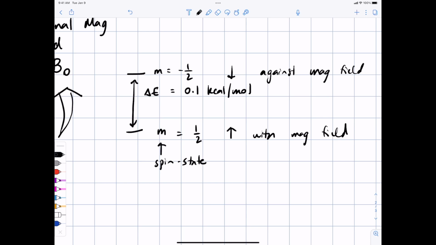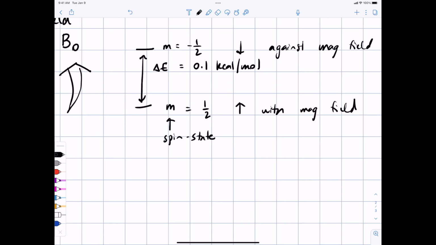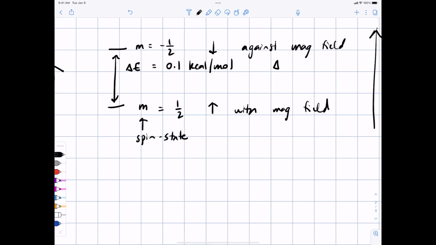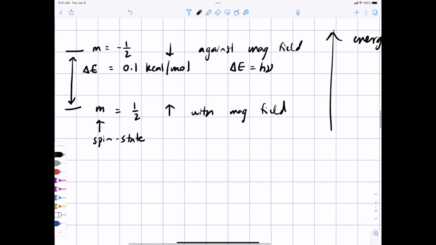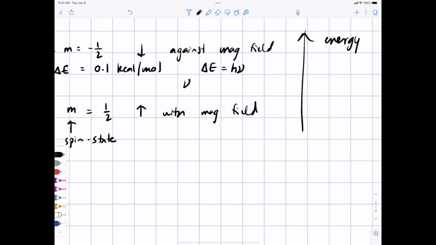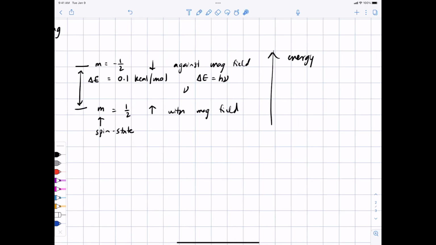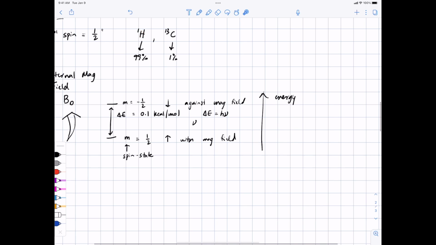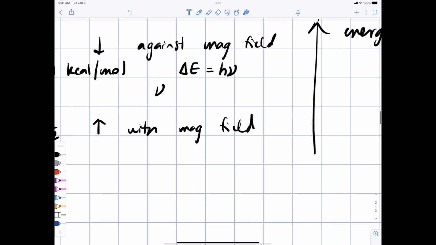If you want to calculate delta E equals Planck's constant times frequency, the frequency that would allow a proton nucleus to transition from aligned with the magnetic field to aligned against the magnetic field is in the 300 to 900 megahertz area of the spectrum. That's radio frequency.